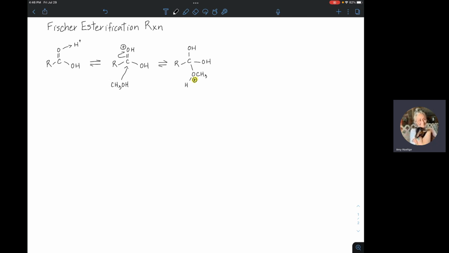Since all of these steps are reversible, we typically use the nucleophile, in other words the alcohol, in excess. So it's usually the solvent, which means there's an excess of it hanging around. We can deprotonate our first tetrahedral intermediate to make our neutral tetrahedral intermediate. That's our intermediate number 2.